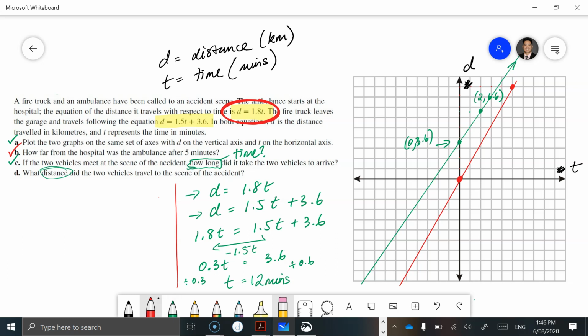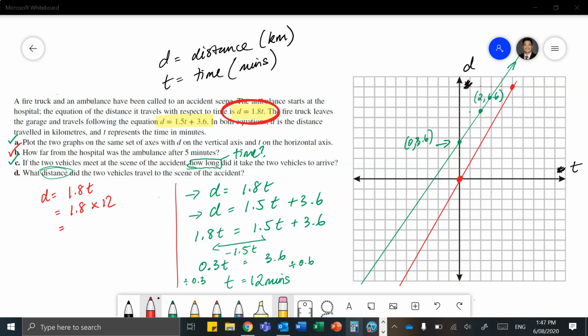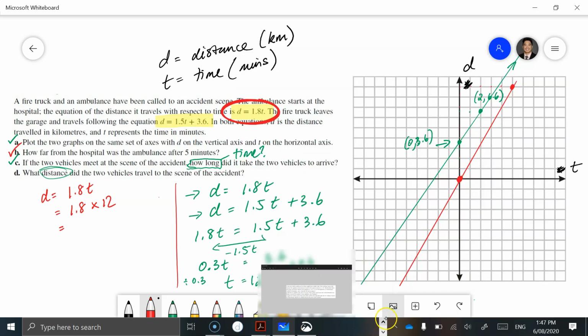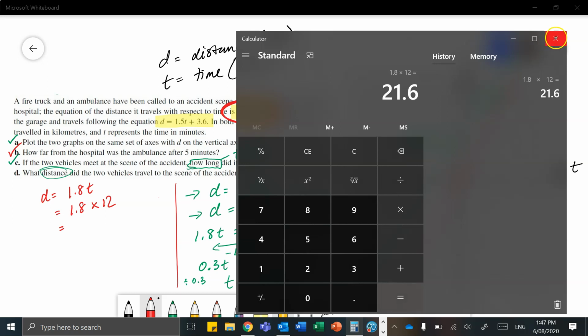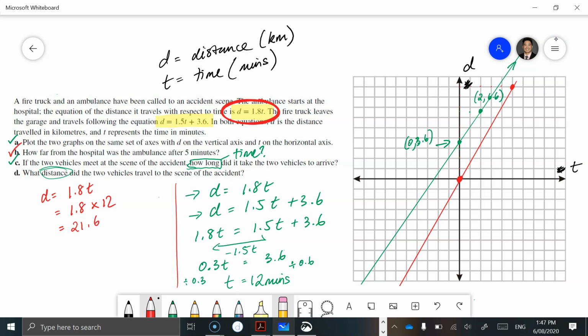Back to the ambulance, we've got d is equal to 1.8t, and the time it takes to get to that place is 12 minutes, so 1.8 times 12 is, where did my calculator go? There we go. 1.8 times 12 minutes is 21.6 kilometers. So 21.6 kilometers is the distance that the ambulance traveled.